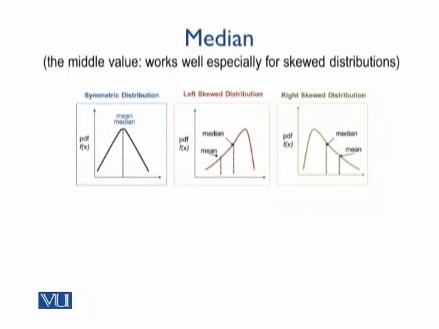The median is a measure of central tendency which is resistant to outliers, because it does not take into account the values of particular observations, but it takes into account the relative ordering. So the median would be considered as the 50th percentile, which means 50% of the data would be above it and the remaining 50% would be below it.